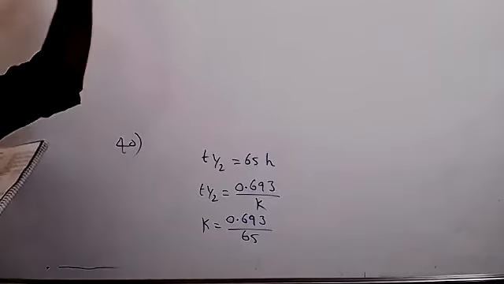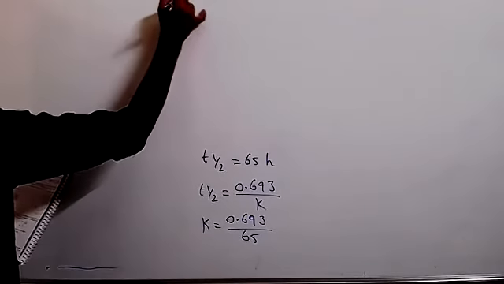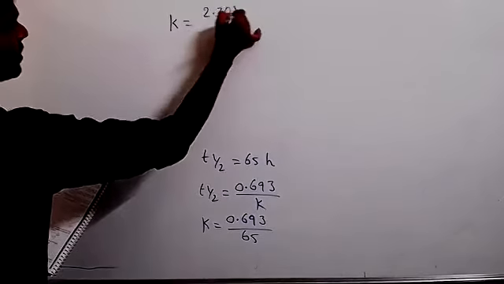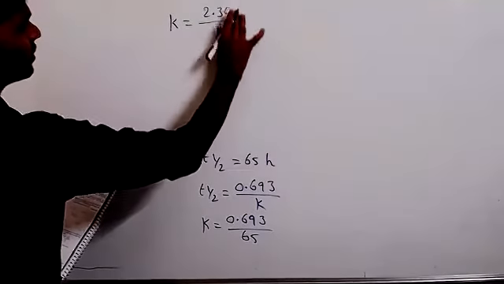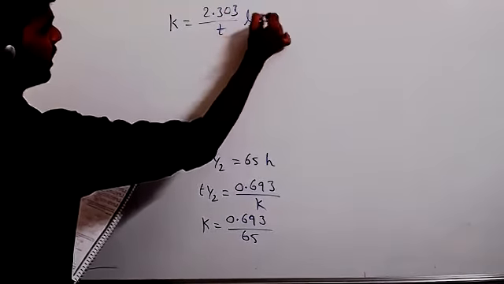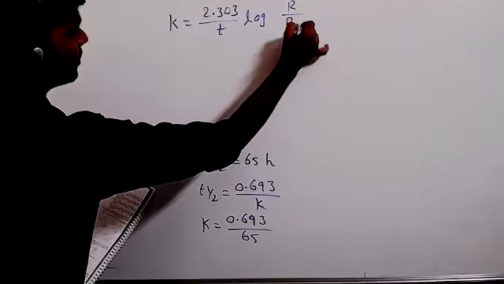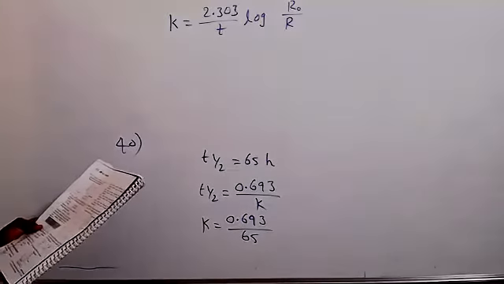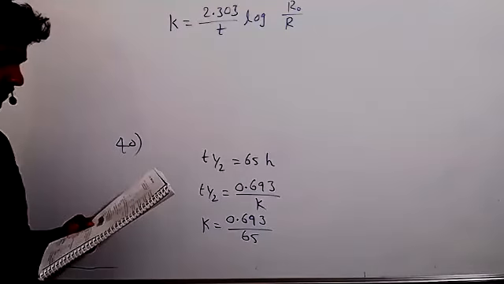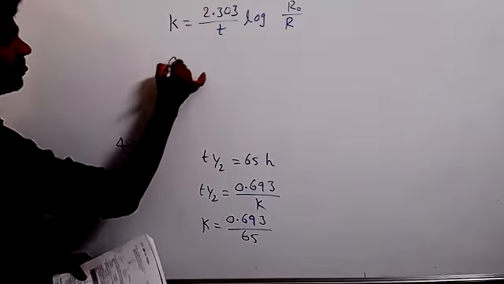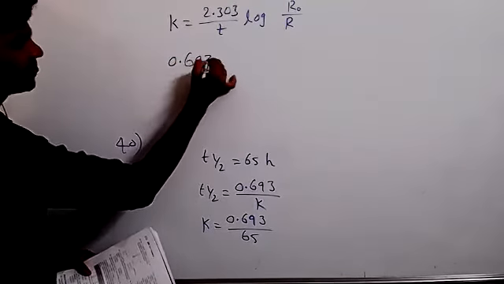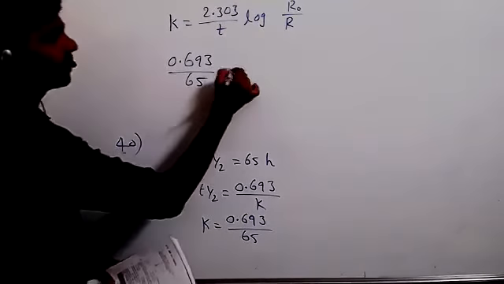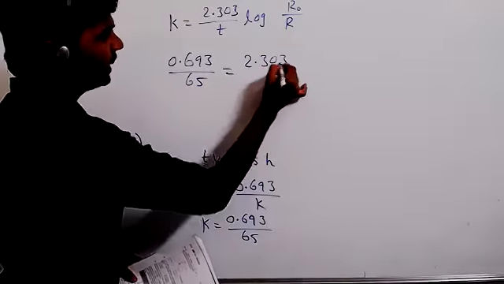First order rate equation: K is equal to 2.303 by T log of initial concentration by final concentration. So 0.693 by 65 equal to 2.303 by T.